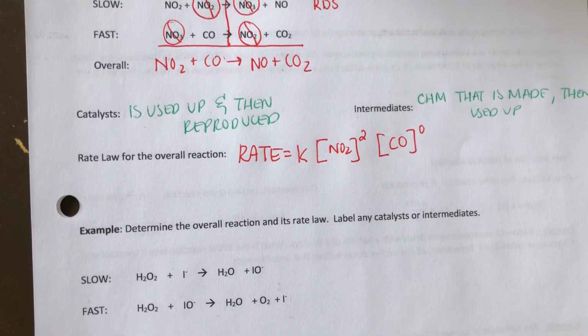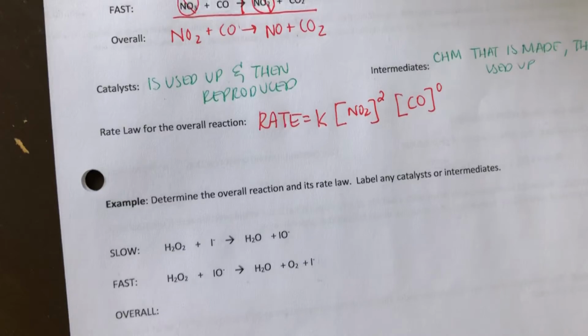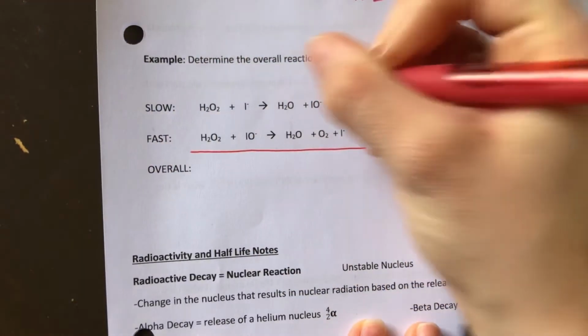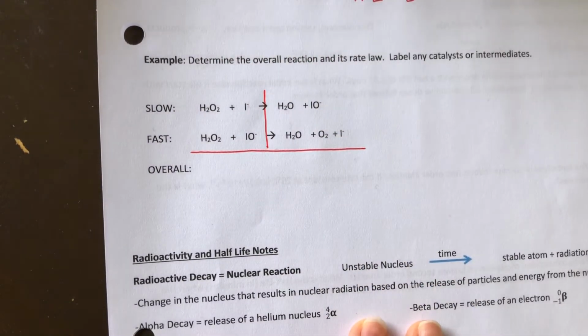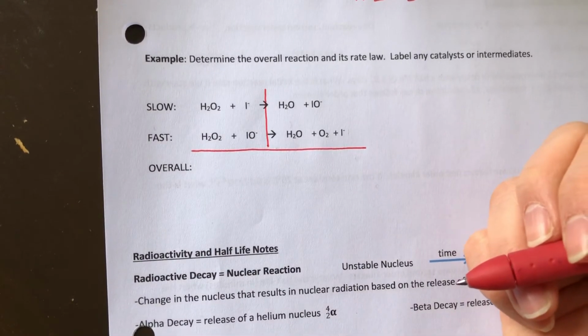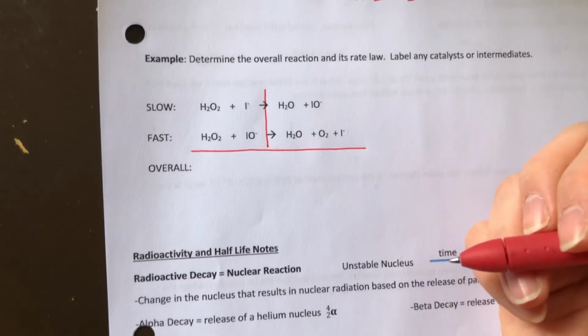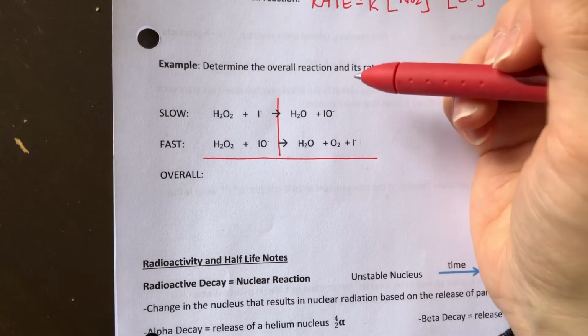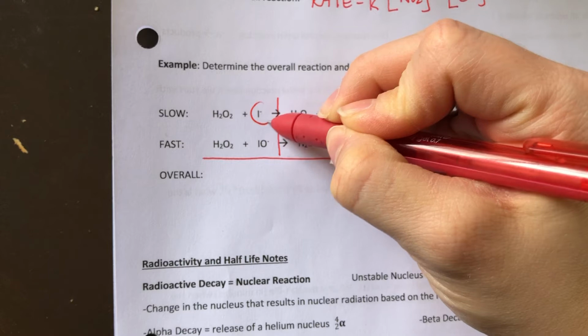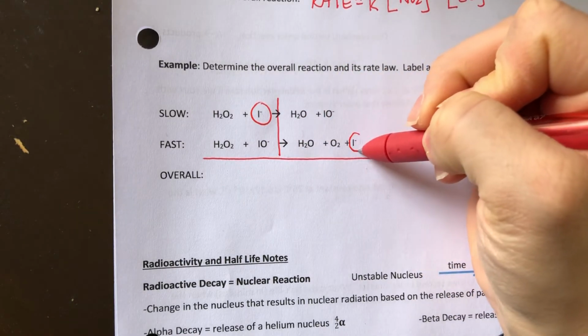All right, so let's determine the overall reaction and its rate law. So maybe pause the video, see if you can add these up and get the overall reaction and possibly the rate law, and determine any catalysts or intermediates. All right, here we go. I noticed that I have iodide on the left side and on the right side.